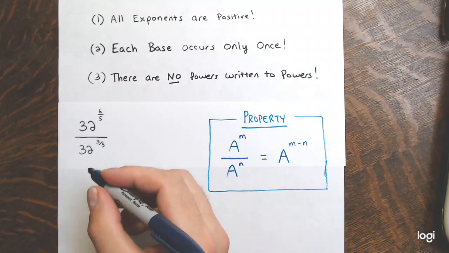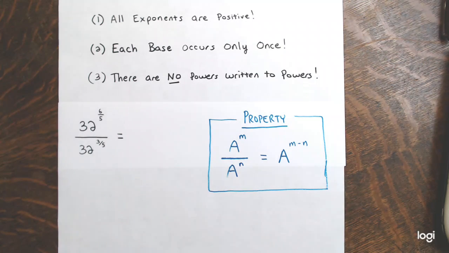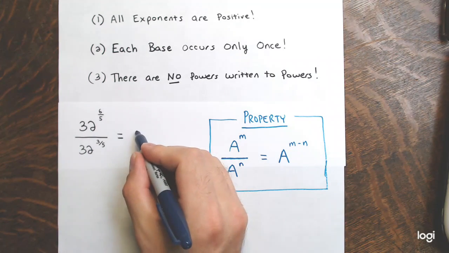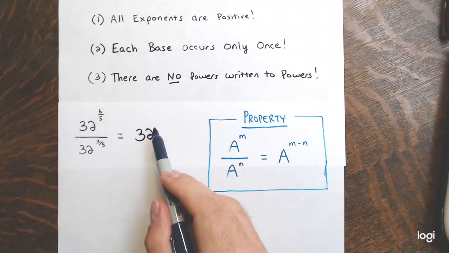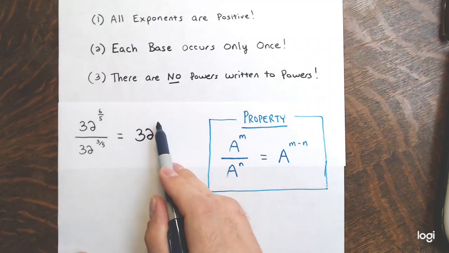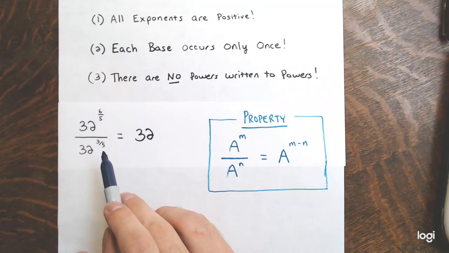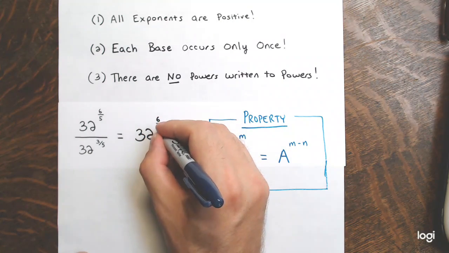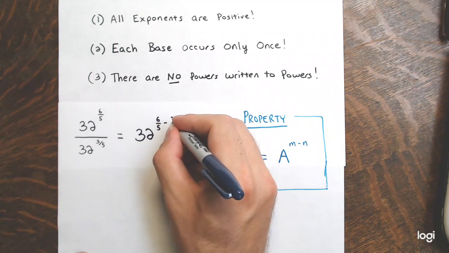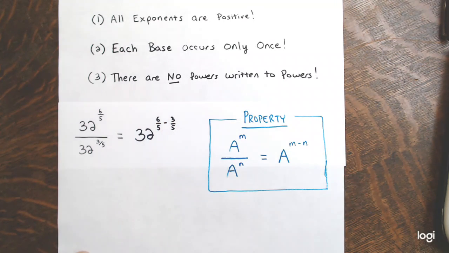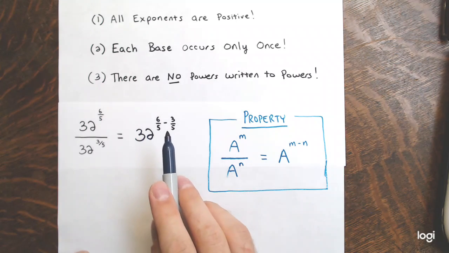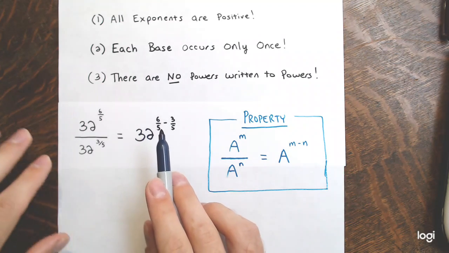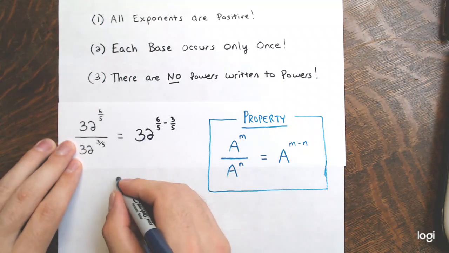So in dividing these, 32 to the 6/5 power divided by 32 to the 3/5 power, I keep the base, the base of 32, and then the exponent is the numerator exponent minus the denominator exponent. So 32 is the base, and the exponent is 6/5 minus 3/5. And then, of course, like the last example, I can simplify this. We know what 6/5 minus 3/5 is.